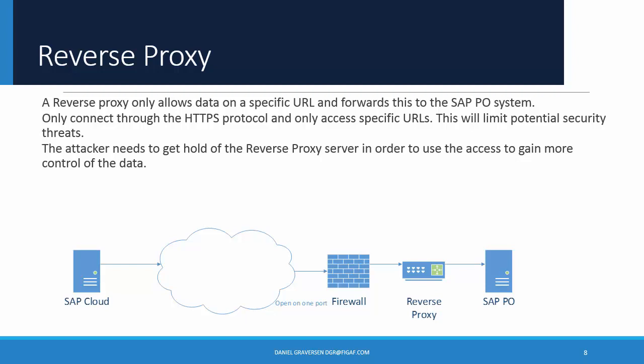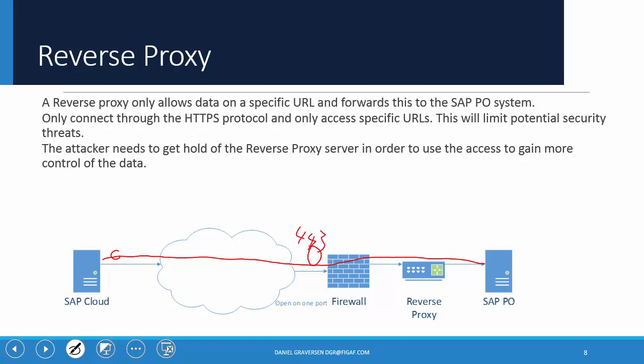So we have the Cloud for Customer system out here, and we want to get into our PO system behind it here. Normally you would have a port in the firewall saying we want to get access for 3, and all traffic that comes to this port will be routed into our reverse proxy. The reverse proxy would then get a request that's XI, so something that's the request that we define in the PO system.